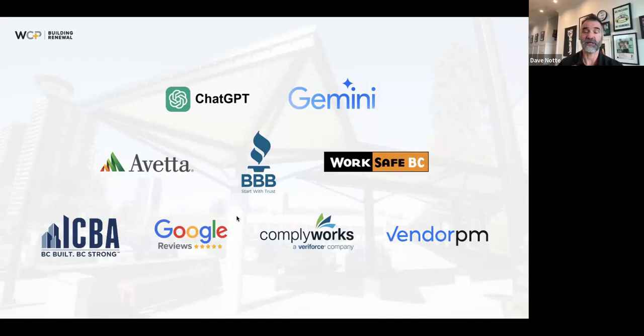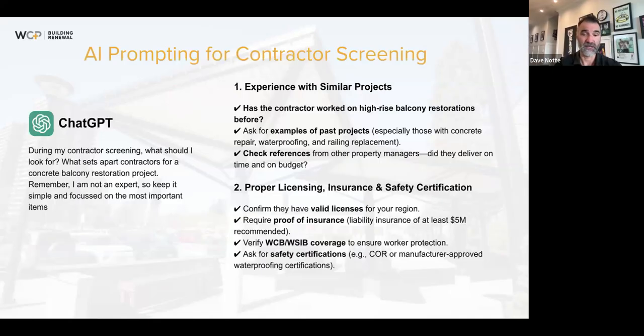But again, we can now utilize our good buddy AI. So we've put together here a prompt for you that you can go in and use to screen contractors, right? So basically, you're saying, I have this job. What should I look for in choosing a contractor to bid?